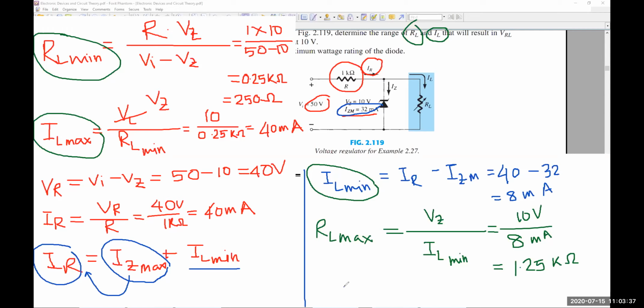RL range is 0.25 kilo to 1.25 kilo. IL range is 8 milliamp to how much? 40 milliamp. That is the answer. So one range, another range. Understand?